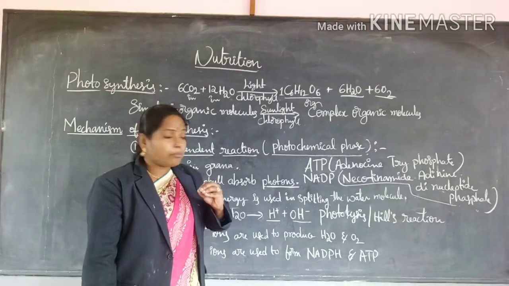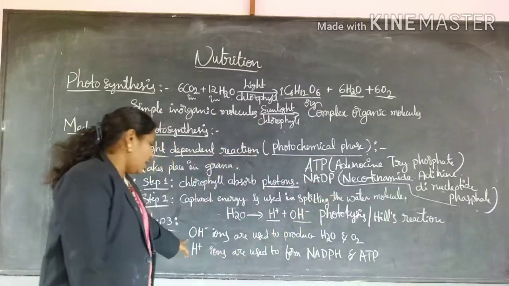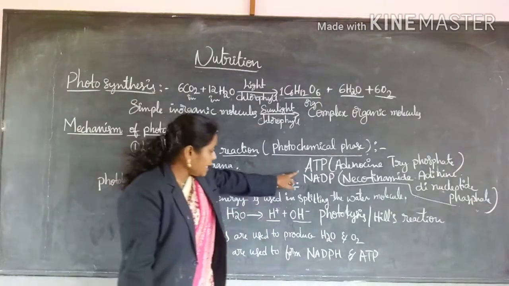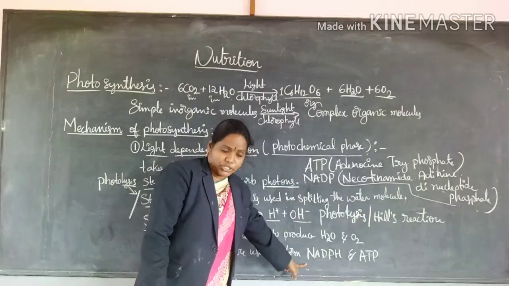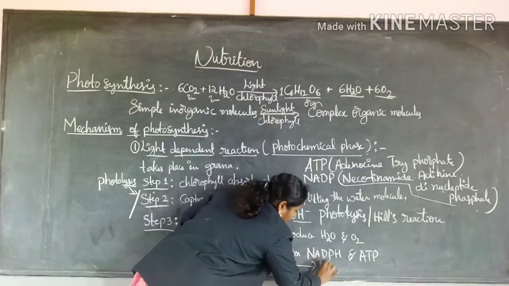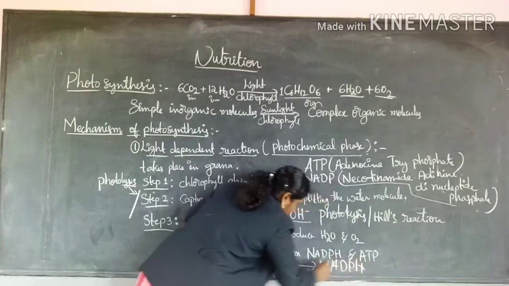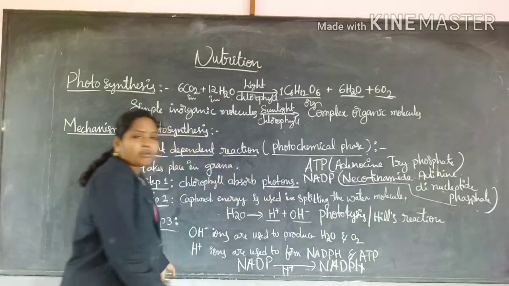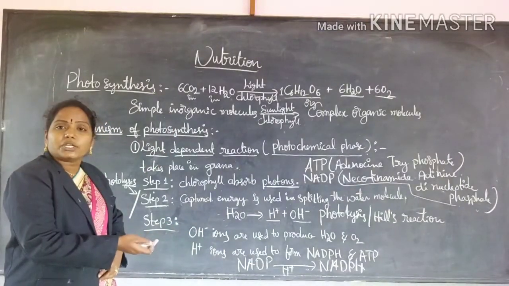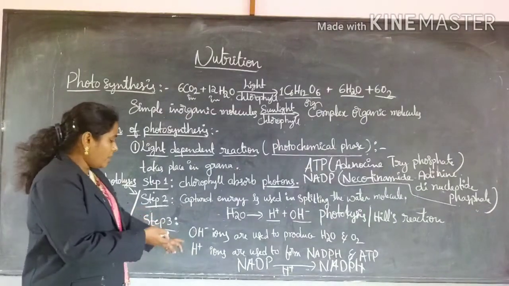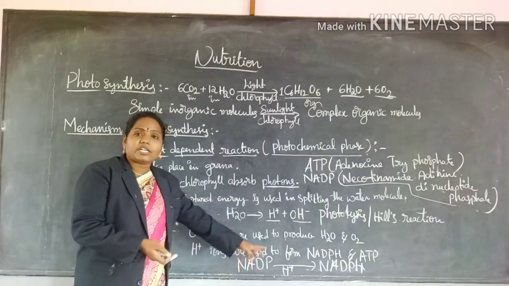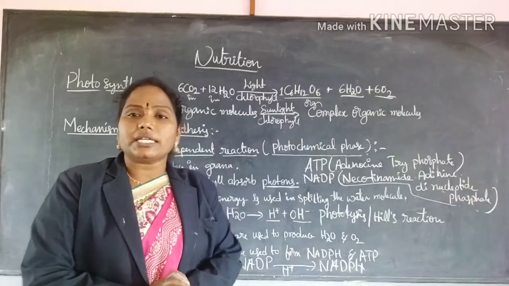This NADP absorbs the H plus ions and forms NADPH. NADP converts into NADPH, so H plus ions are utilized. NADP converts into NADPH by adding H plus. NADP converts into NADPH in the third step.